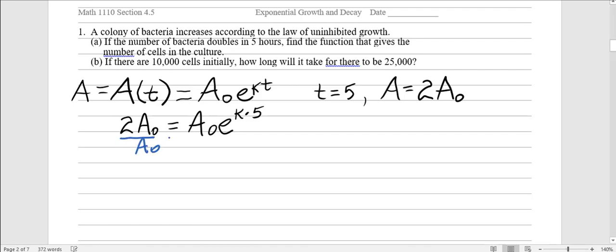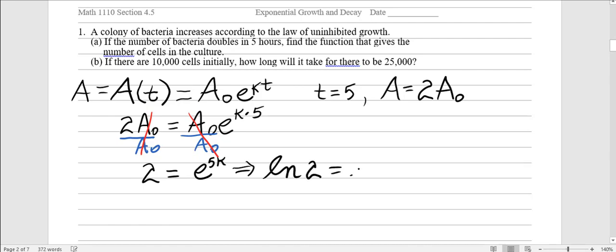So if I divide both sides by a sub 0, I see that that is actually a factor, when I have the information that I have, that drops out of the problem. And now I'm going to be able to find k. I'm going to do that by applying the natural logarithm to both sides of the equation.